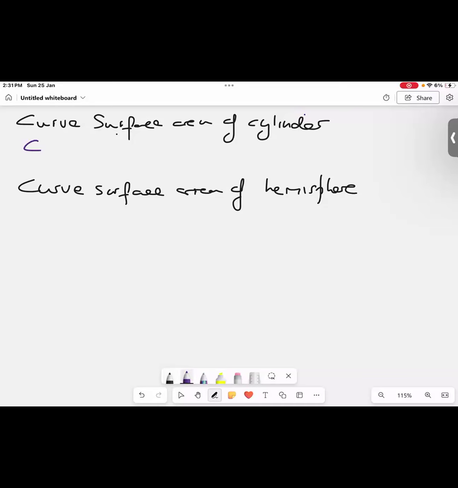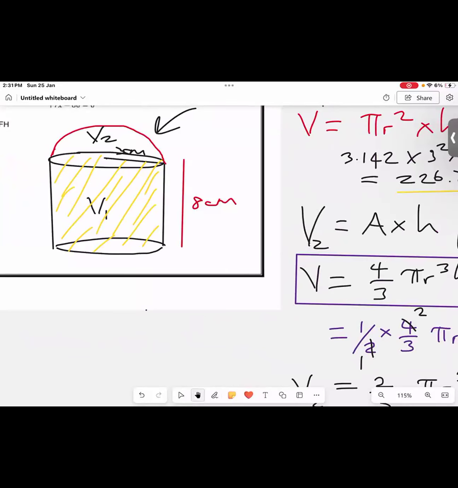Now, we have taught this in class. Curved surface area is equal to the perimeter times height. That was discussed in the last class. So the curved surface area is equal to the perimeter of the cylinder times the height. Now, if we go back up to the cylinder here, we can see very clearly that the base of the cylinder is a circle.